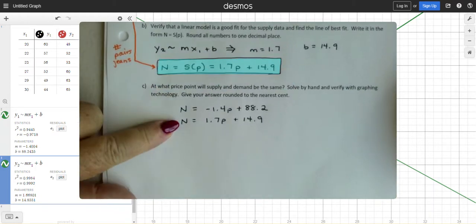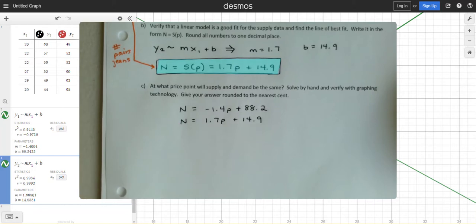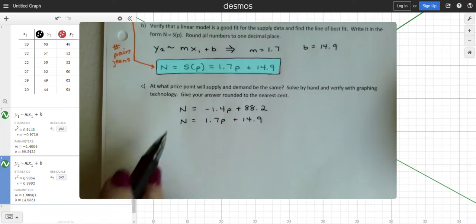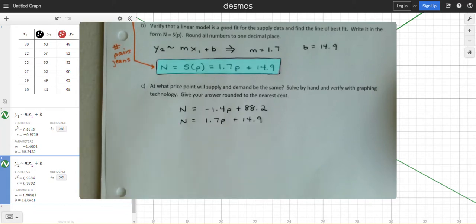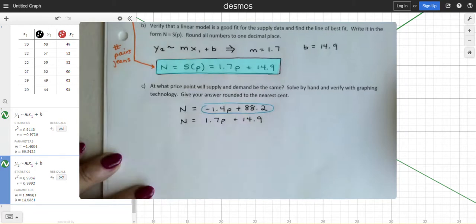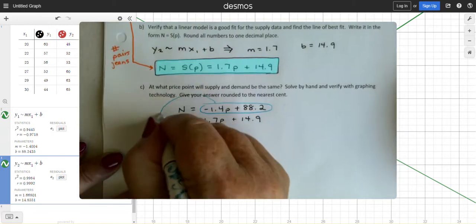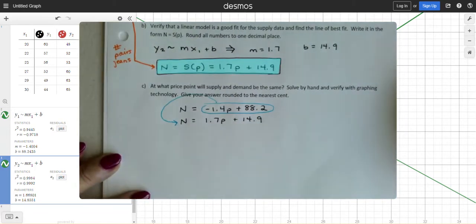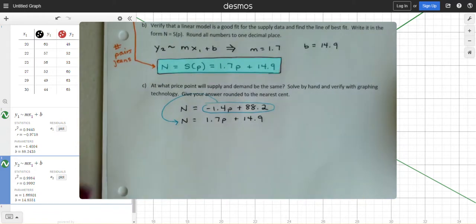The N's represent the same thing, the number of pairs of jeans, and I already have both equations solved for N, so all I really need to do is substitute. I can take what N equals here and substitute it for the N here. And that should tell me where these lines intersect and therefore have the same price point.